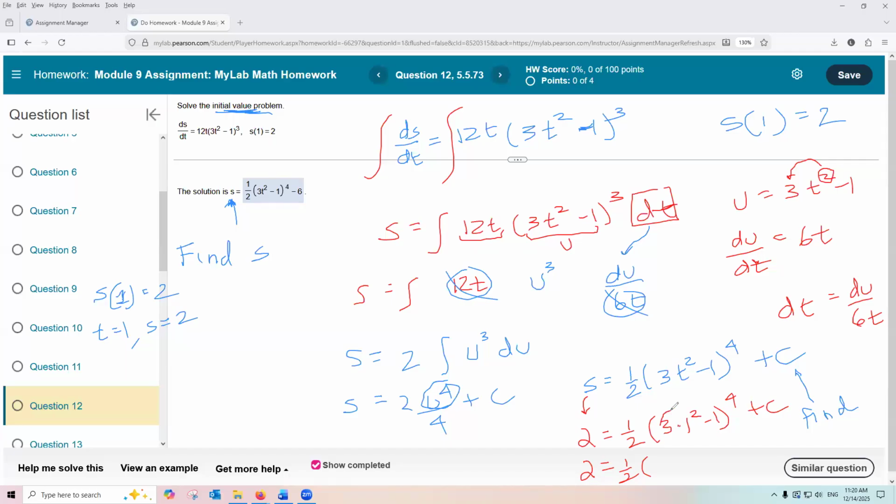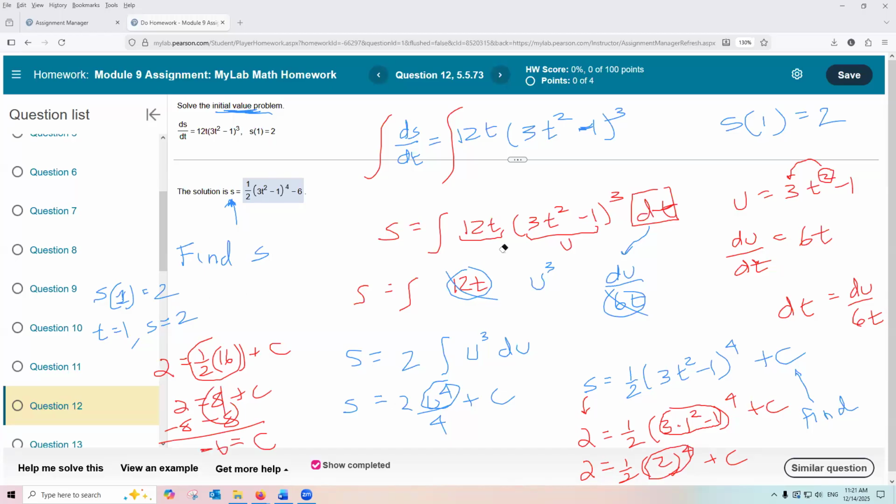This is 3 subtract 1, which is a 2. I'll finish it over here. So 2 is 1/2. 2 to the 4th is 16. 1/2 of 16 is 8. I'm going to subtract 8 from both sides to solve for c. So it looks like c is -6.